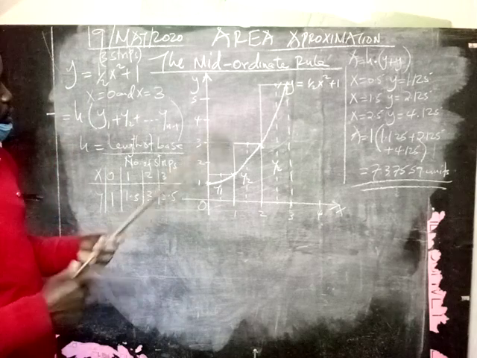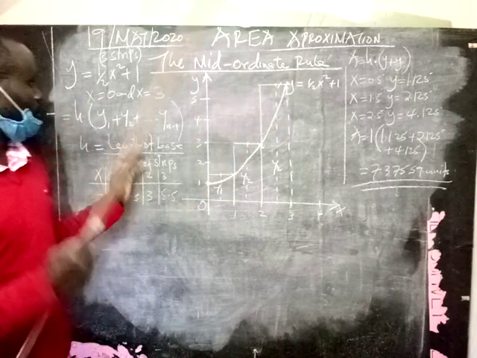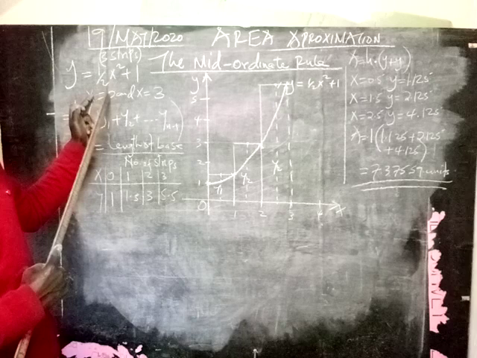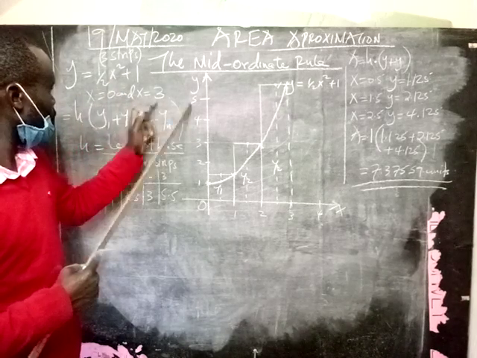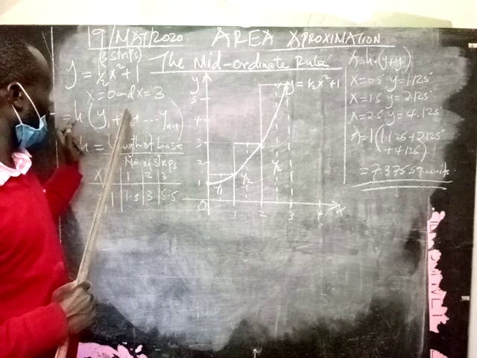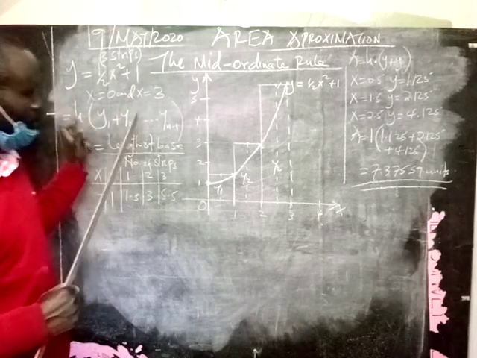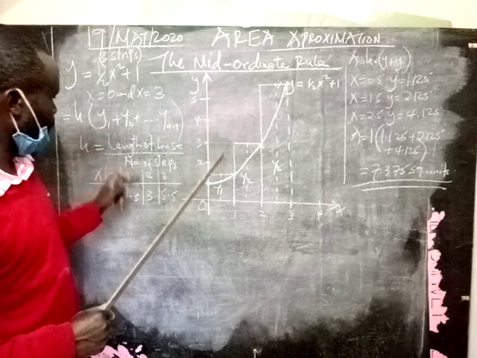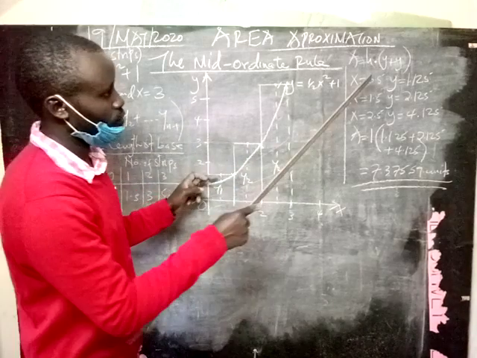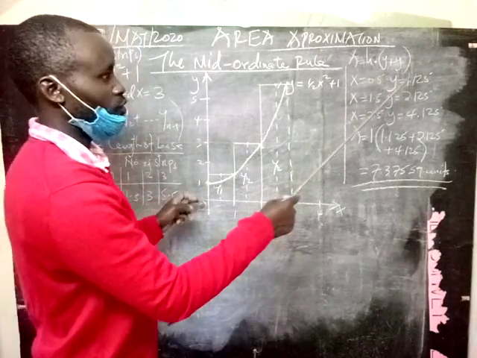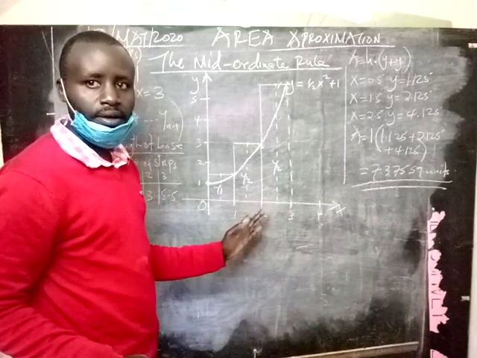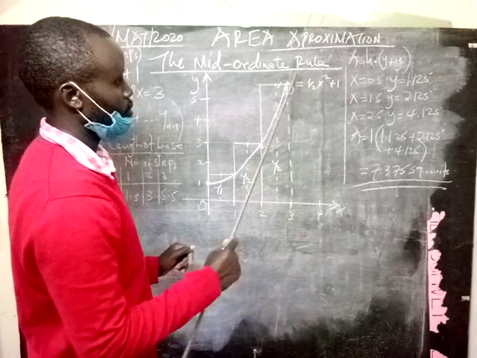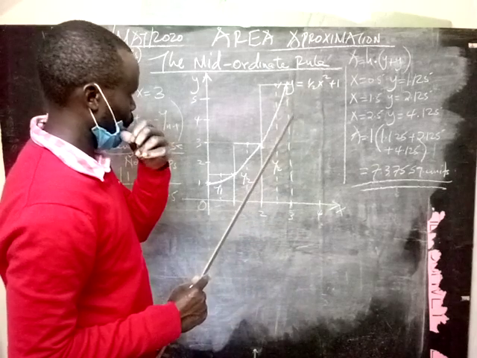So we are supposed to draw that curve, then ensure that you understand x equals 0 to x equals 3. You also understand the formula here, and then you proceed to find the values of y, because you know the x, because this is the mid.